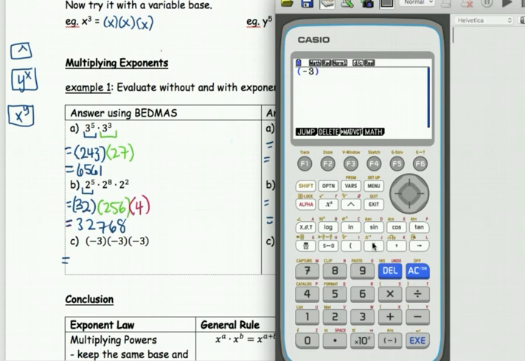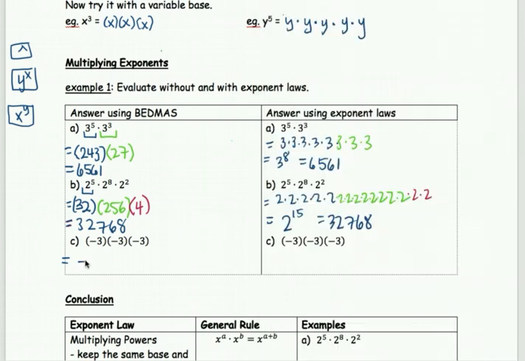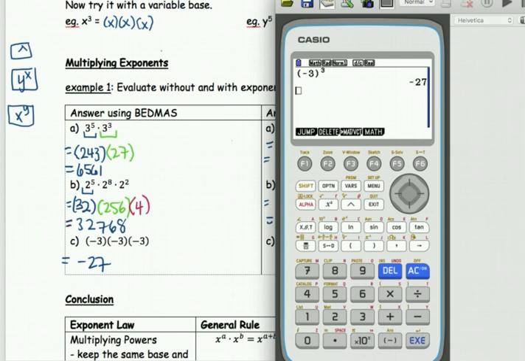That's important because when you take the exponent, it needs to know that it's controlling the -3, and you're writing it 3 times, or the exponent 3, so you get a -27. Again, just showing you how to use it on your calculator. You should be able to do these in your head, but when we get to some bigger numbers, you know what to do with your calculator, okay?